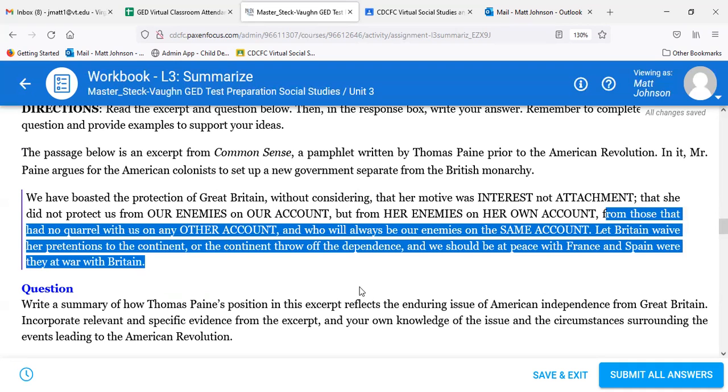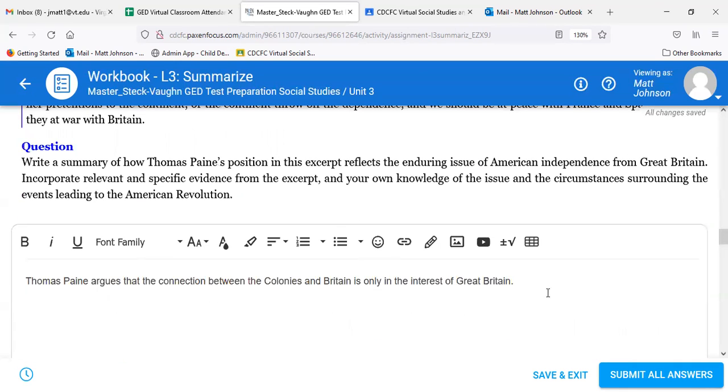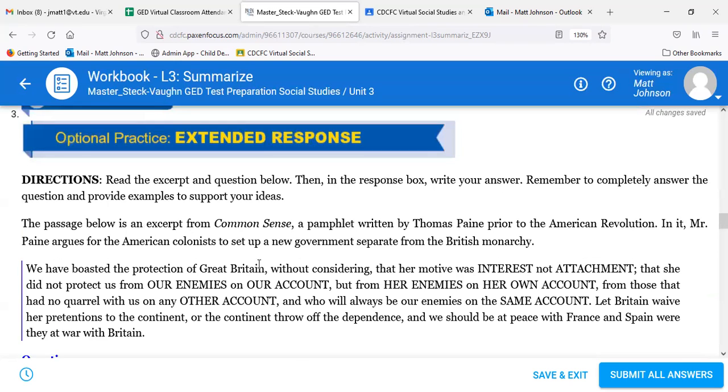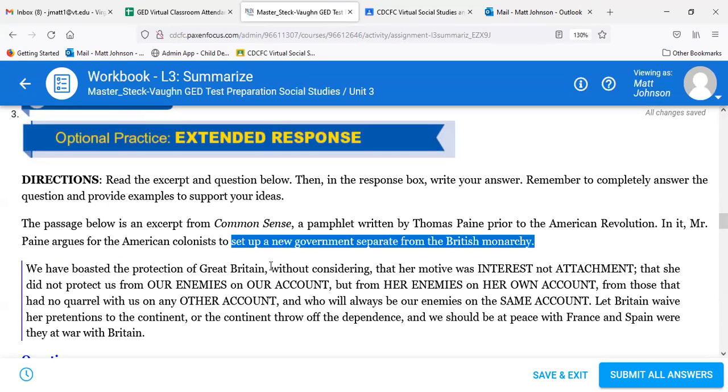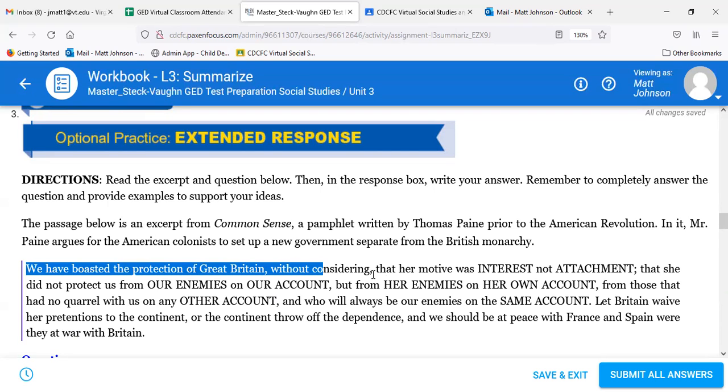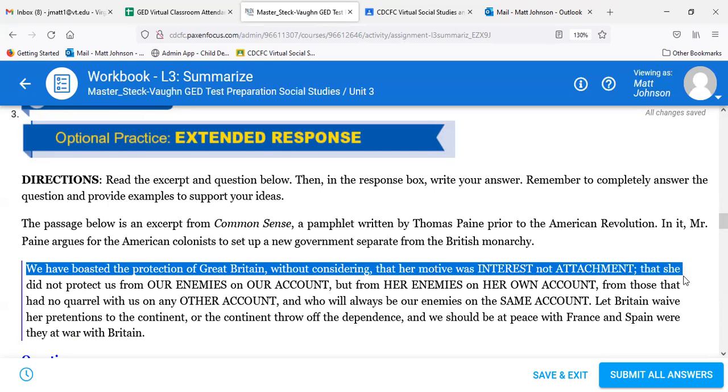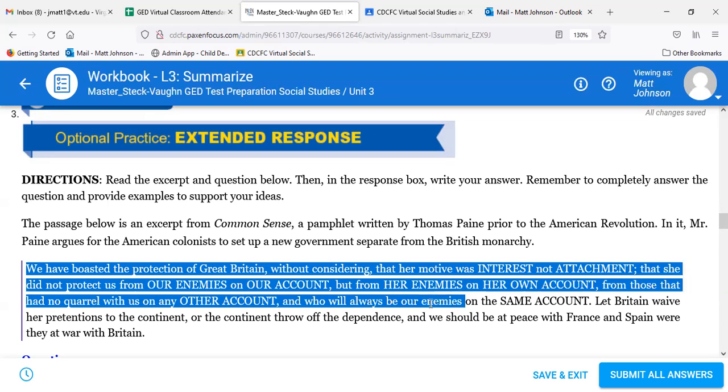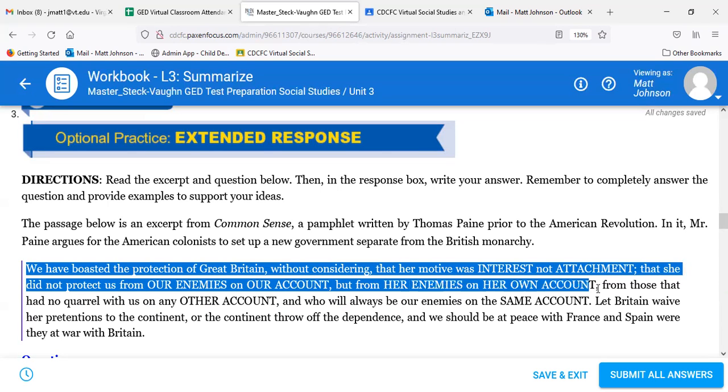Okay, I would say we probably want to just put in the main idea here: that her motive was interest, not attachment, that she did not protect us from our enemies on our account, but her enemies on her own account. So just restating that, saying Thomas Paine argues that the connection between the colonies and Great Britain is only in the interest of Great Britain. So we've got that section.